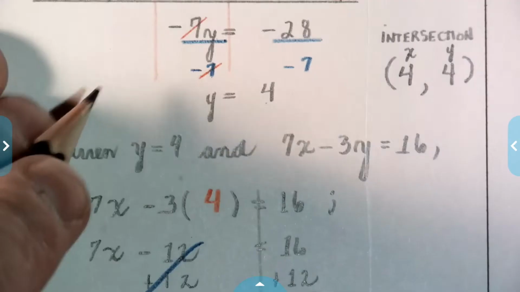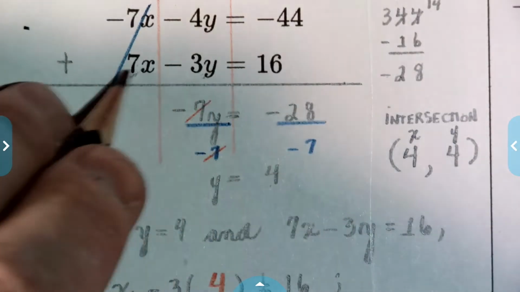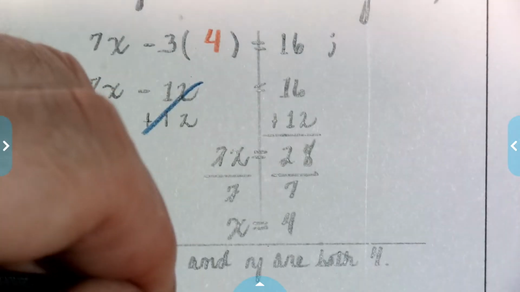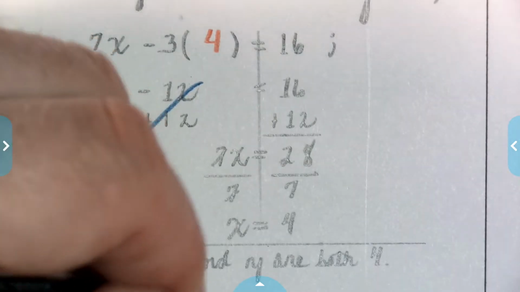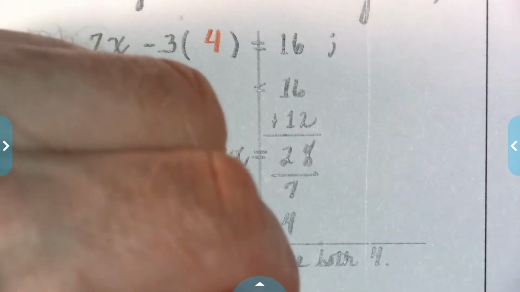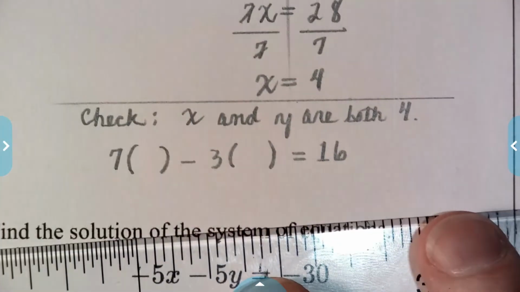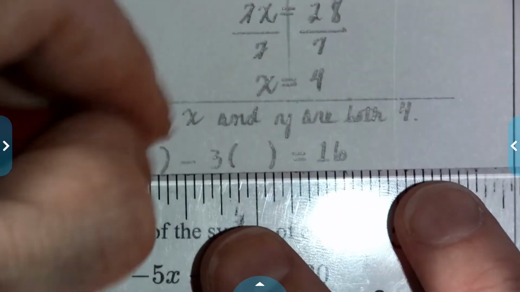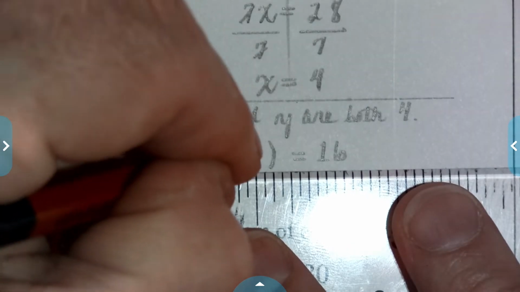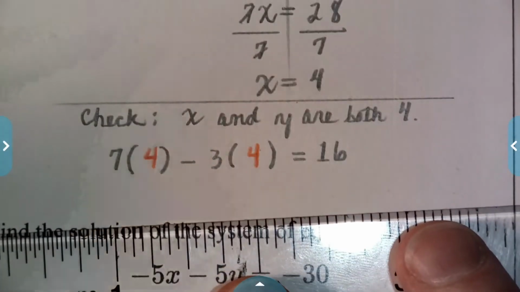I'm doing this equation here, the bottom one. Minus 3, open parentheses, close parentheses, equals 16. All right, so this is my check. And now inside, I'm going to put 4 for x and 4 for y. So we have 7 times 4 is 28.